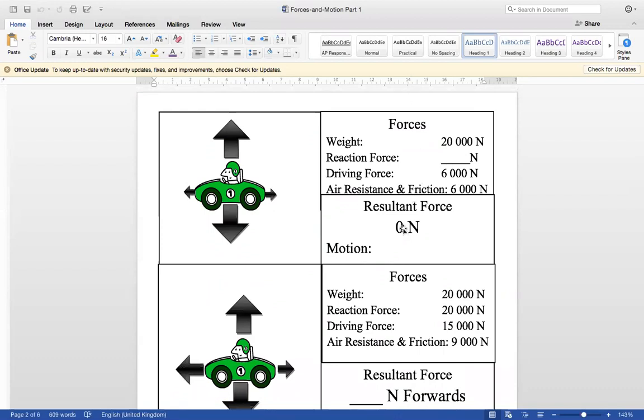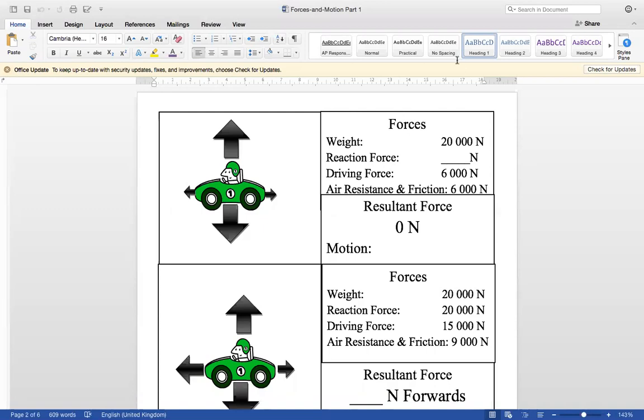You're supposed to find the reaction force and the motion. So now, how do you do this? Anyone wants to explain? How to do question one.